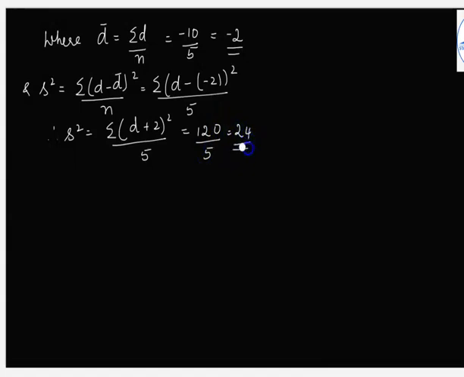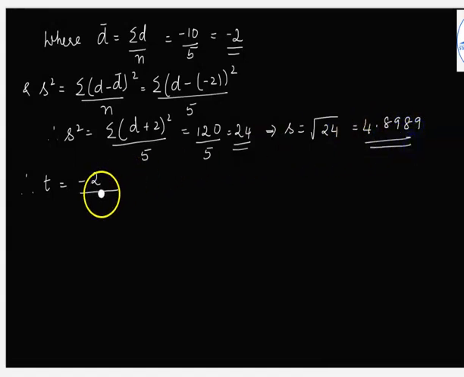Now let us substitute all these values in d. So therefore we get d is equal to minus 2 divided by, in the denominator we need S, but here we have calculated S square, which implies S is equal to root of 24, and root of 24 is 4.8989 if I take 4 places after the decimal after rounding off.